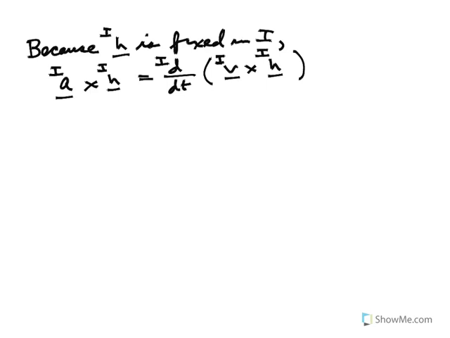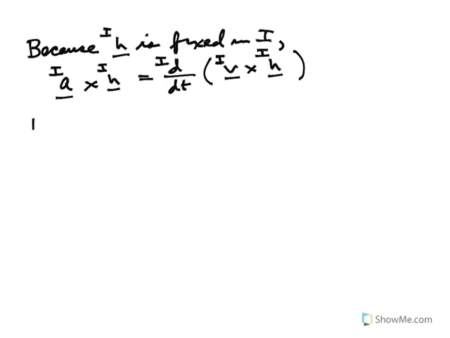So as you can see from this step, I've been able to write the first term, after taking the cross product or the vector product with hi, as the rate of change of something. So it would be useful now to do the same thing with the second term.